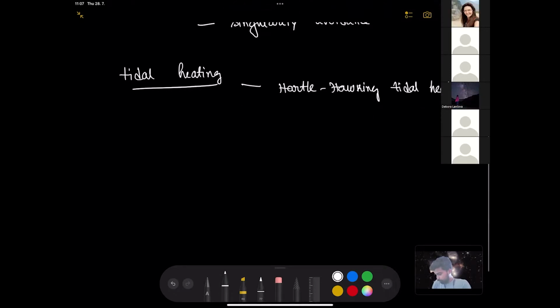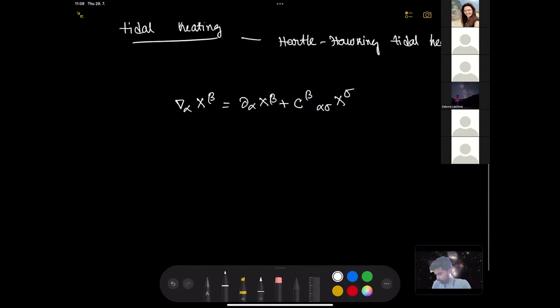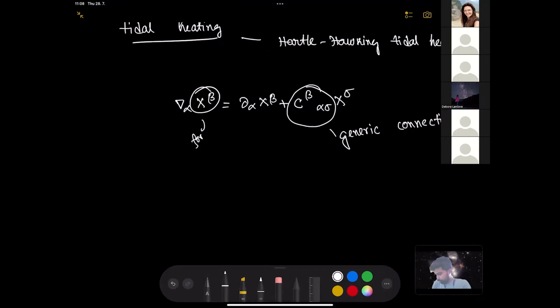So first, let us define the covariant derivative of a vector. Here this C is a generic connection, ∂ is the partial derivative, and x^β is some vector, let's say.